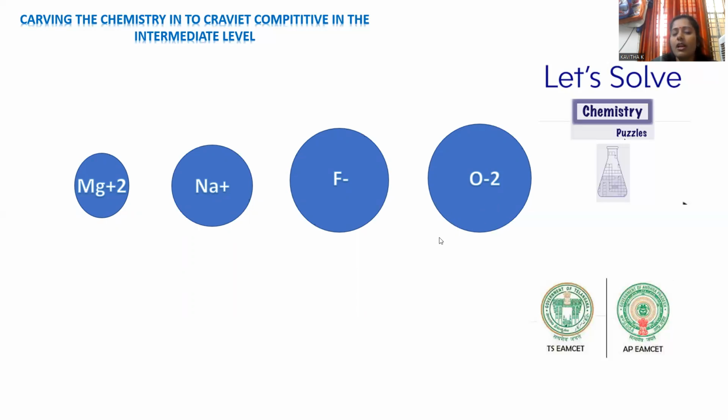This is about the radius of ions, that may be cation or anion, of isoelectronic nature. The more the negative charge, the greater the ionic radius. The more the positive charge, the lesser the ionic radius.